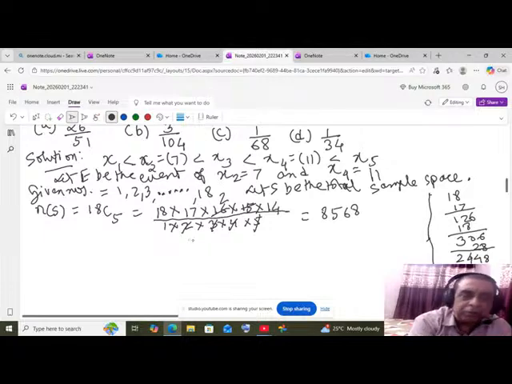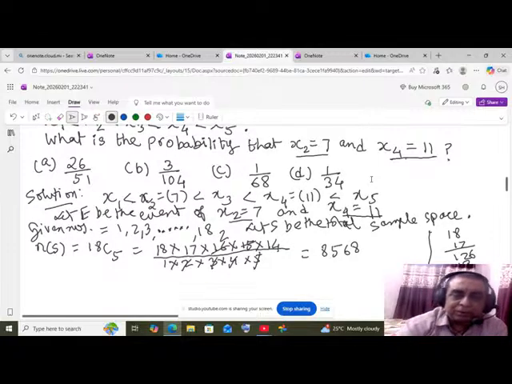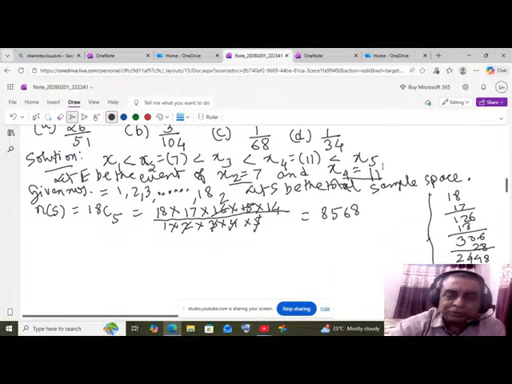8,568. Now, in how many ways can this event be done? Okay, the x2 value is 7 and the x4 value is 11. So, if the x2 value is 7, x1 can be chosen from any numbers which are smaller than 7.